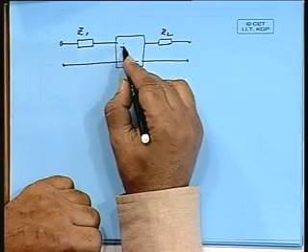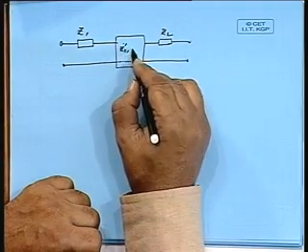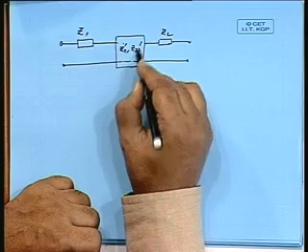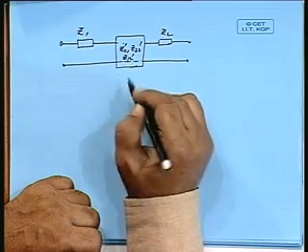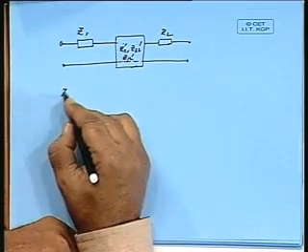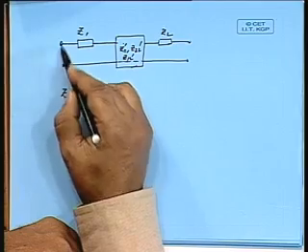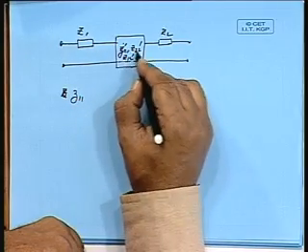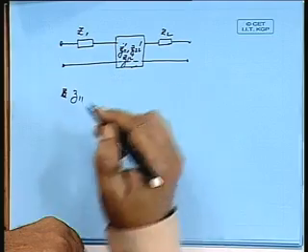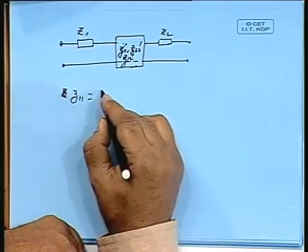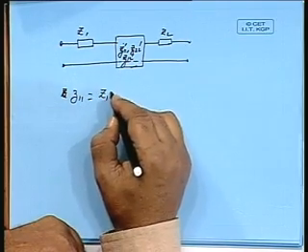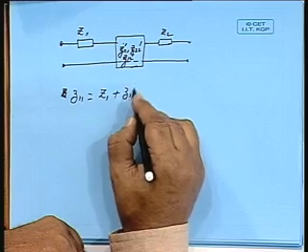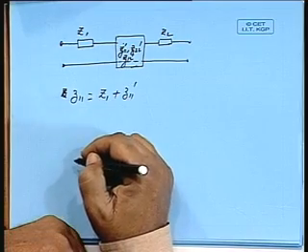Suppose this is having Z11 dashed, Z22 dashed and Z12 dashed, then overall Z11 from this side, I should write small z as per our convention, Z11 will be Z1 plus Z11 dashed, is that okay?